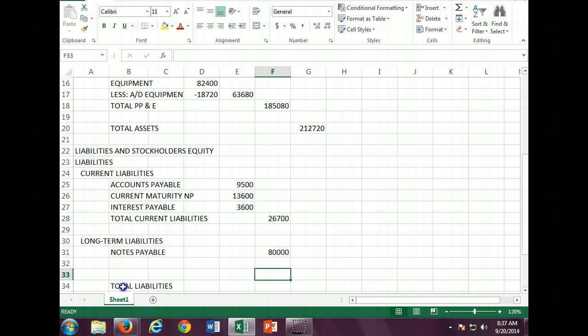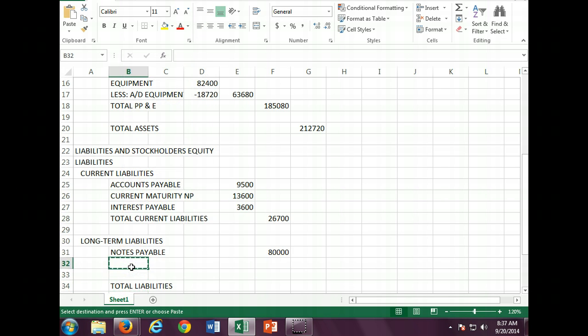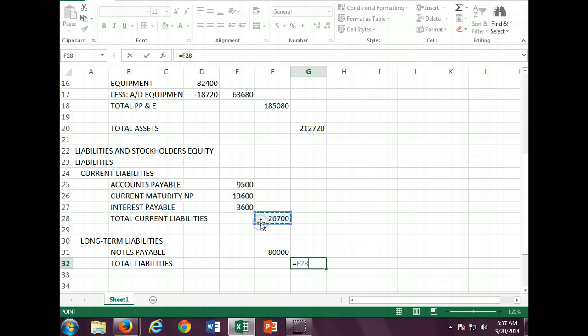So our total liabilities here basically will be the 26.7 plus the 80. Does that make sense so far?